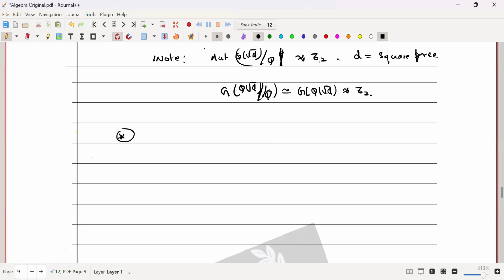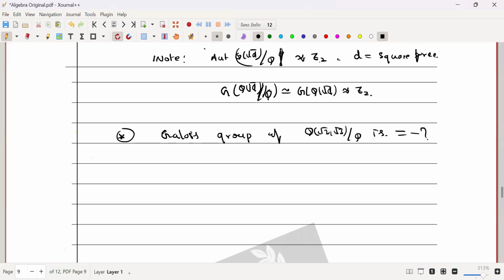The Galois group of Q(root 2, root 3) over Q is... Of course, Q(root 2, root 3) is a normal extension and also a separable extension.